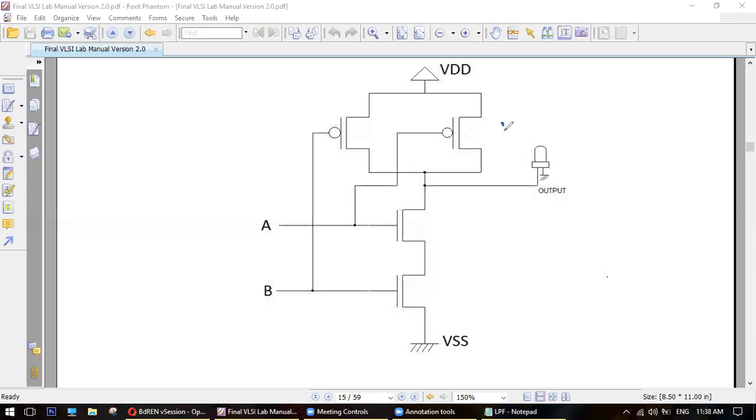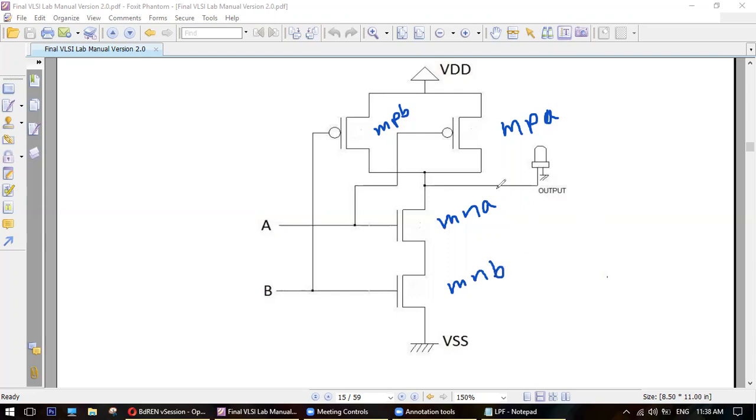Okay, let's write. This is MPA. This is MPB, because MOSFET PA, connected to A, and MOSFET PB. That is the name I'm giving; you can use different names as well, no problem. This is MNA, MOSFET NA, and MNB, MOSFET NB.